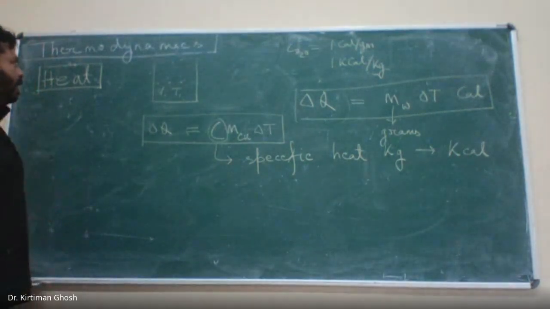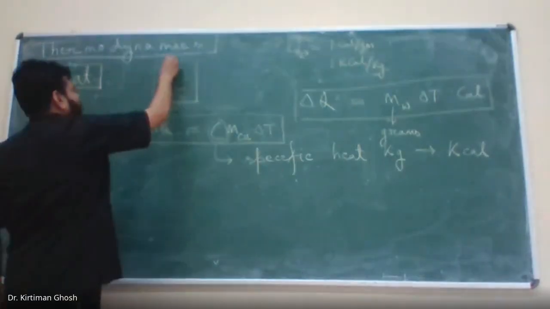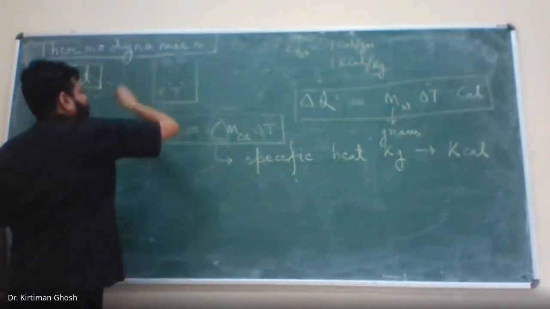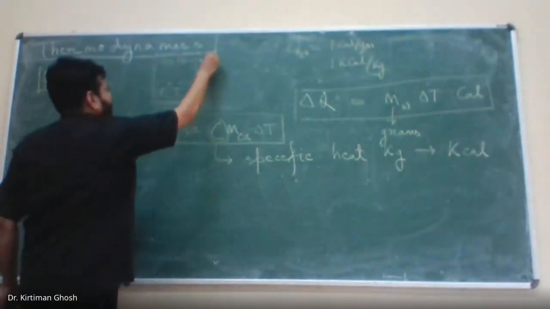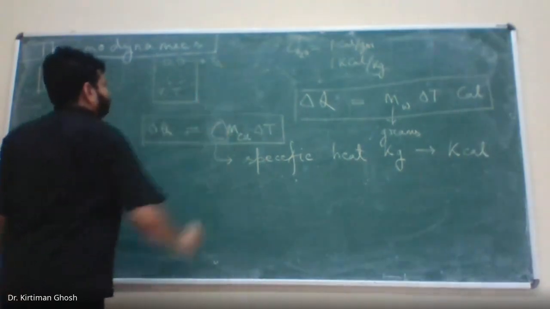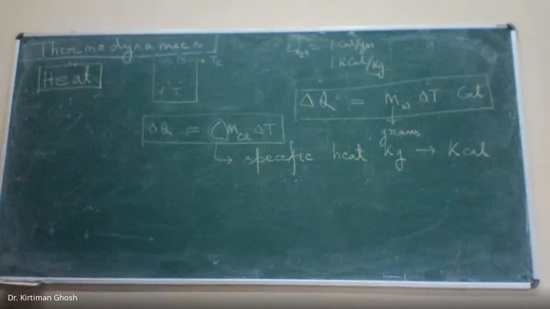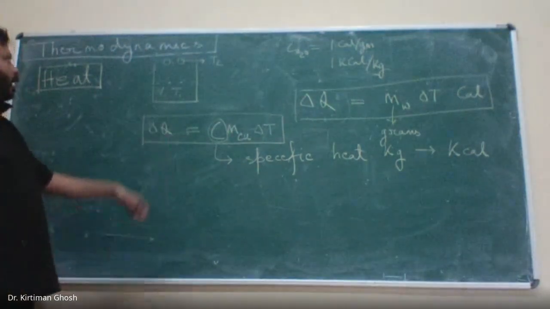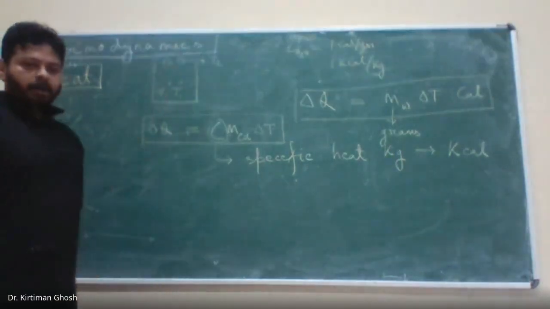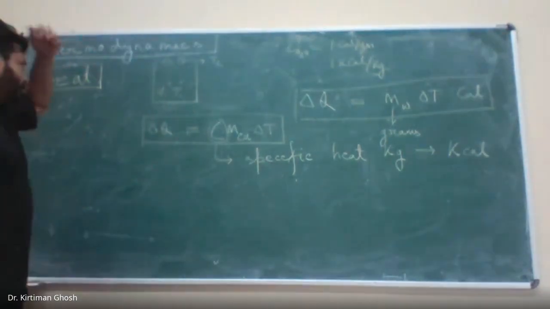And let us assume that I have some copper balls which are heated to some temperature T2. So this is my simple apparatus: some water, and some copper balls heated to a different temperature T2.